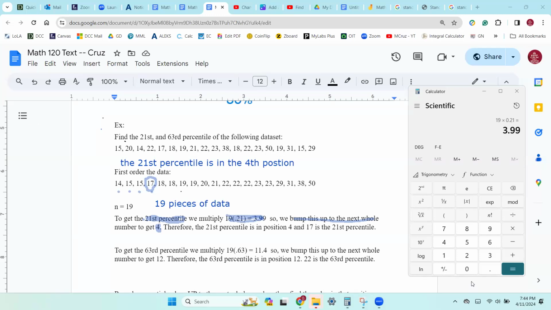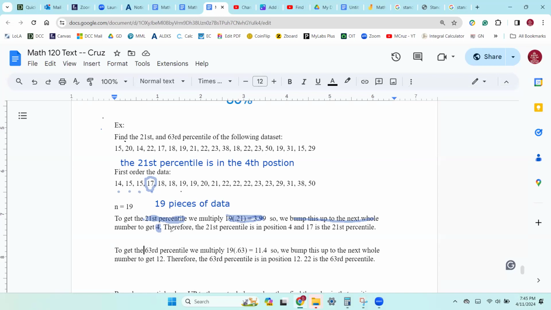Likewise, if we want to do the 63rd, we do the same thing. We do 19. So this right here is the 63rd percentile.